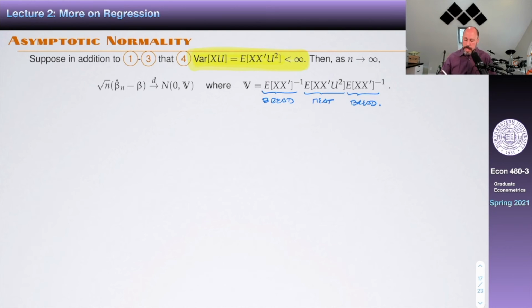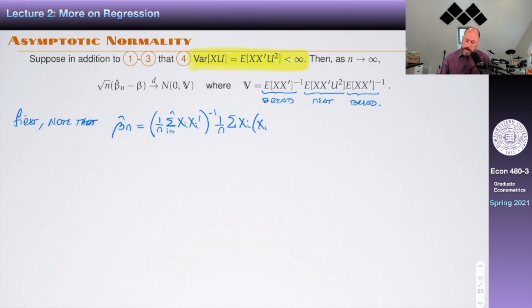And again, first, I want to note that beta hat n is equal to (1 over n sum from 1 to n of xi xi prime) inverse times (1 over n sum of xi yi), and I'm going to replace the y with xi prime beta plus ui. Just work this out.